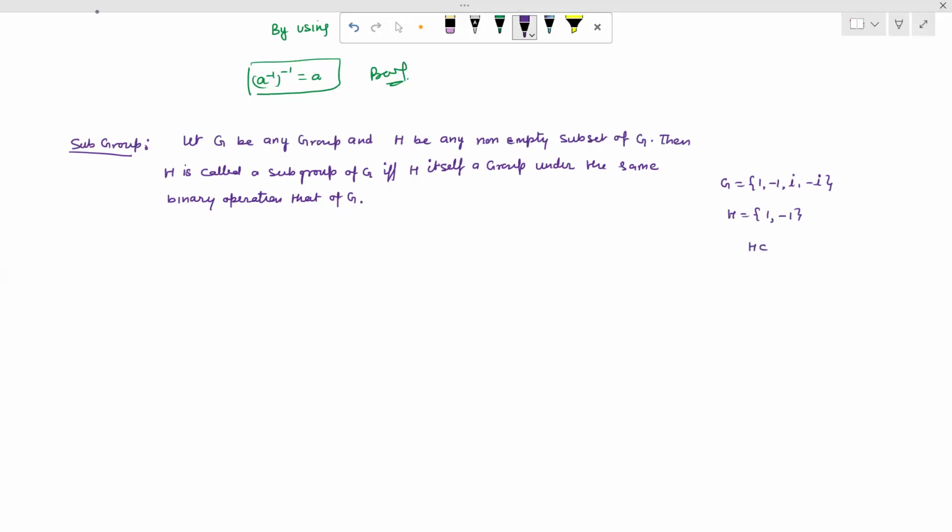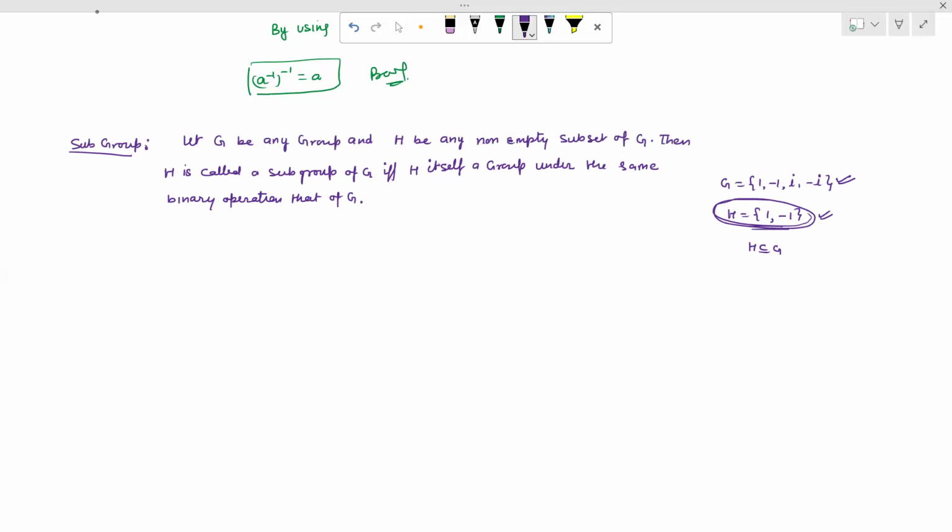So H is a subset of G. G is an abelian group, H is a subset of G. Then H is said to be a subgroup of G if H satisfies all the properties of a group.